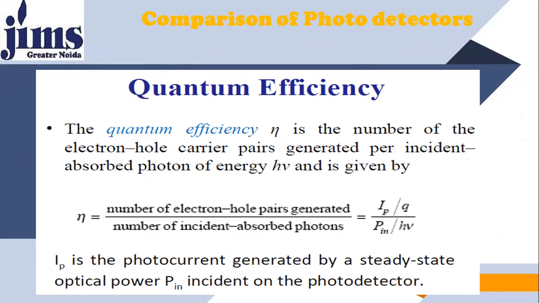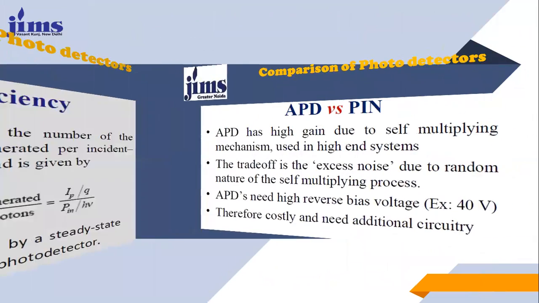To know the number of electrons, you divide the photocurrent by the charge. The number of photons is obtained by dividing the total power of the light by the energy of one photon. IP is the photocurrent generated by a steady-state optical power Pn incident on the photodetector.